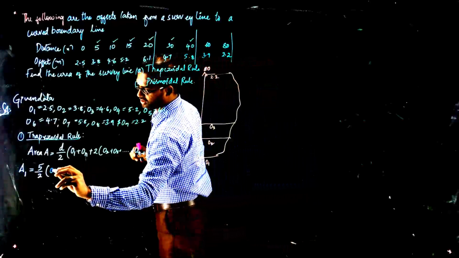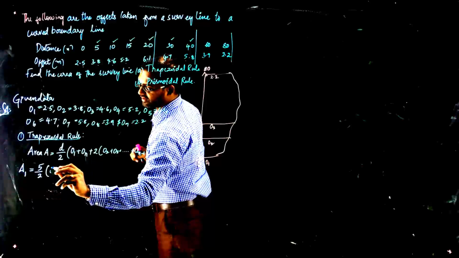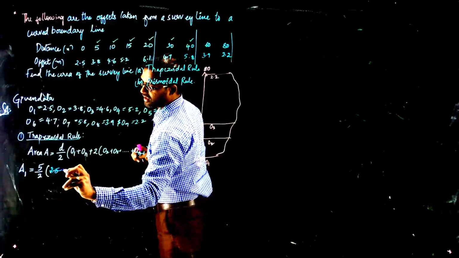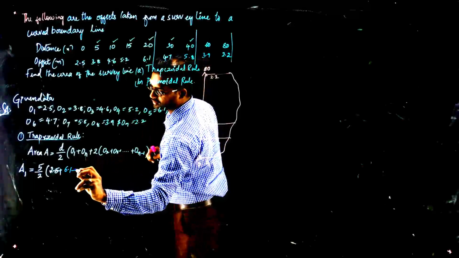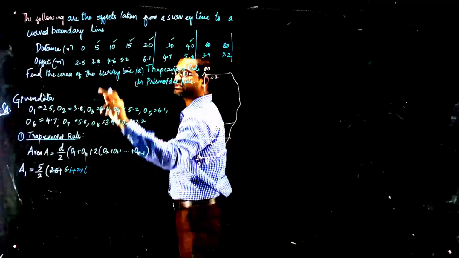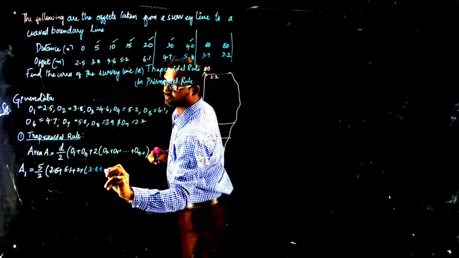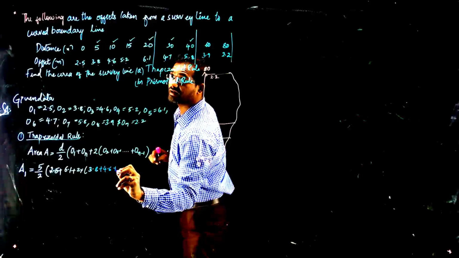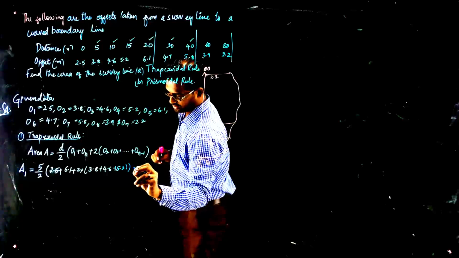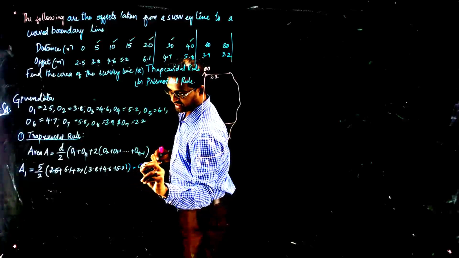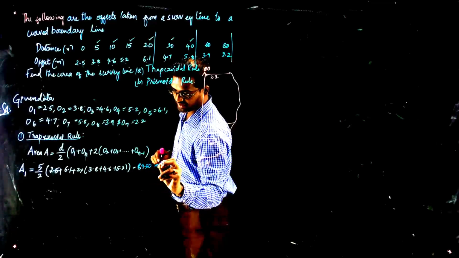The first ordinate is 2.5 and the last ordinate is 6.1, plus 2 times the remaining ordinates, 3.8 plus 4.6 plus 5.2. This will give you a value of 89.50 square meters.